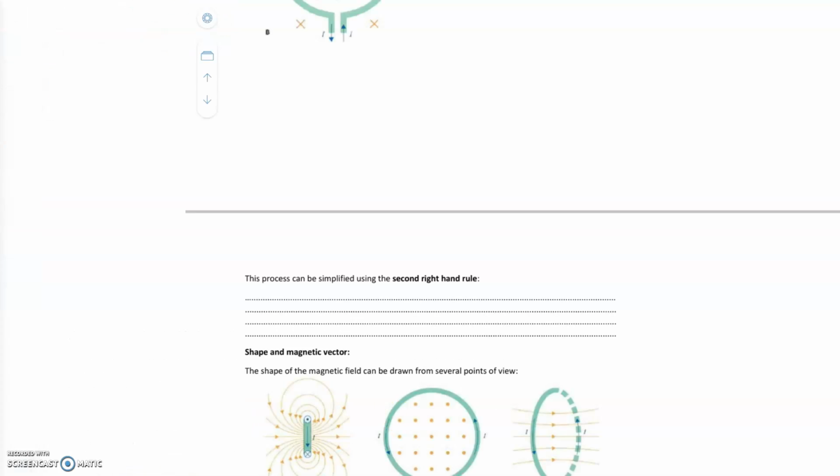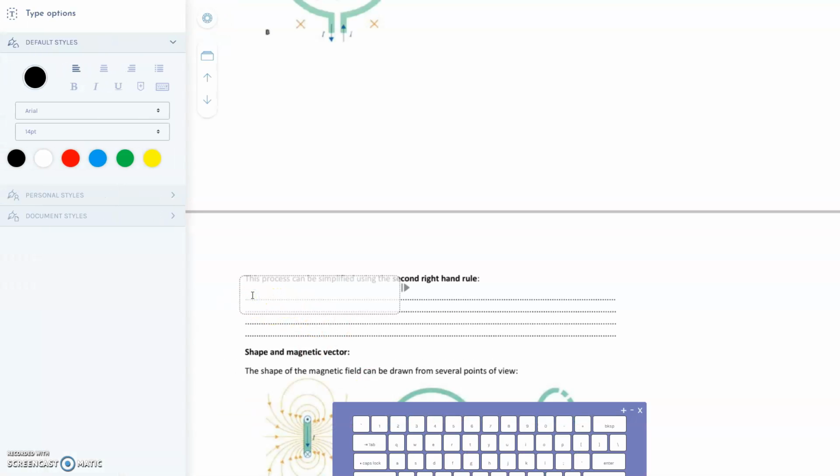Meaning, and we can fill this in, follow the current I with your four fingers, meaning clockwise or counterclockwise.